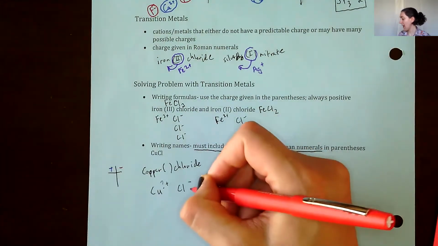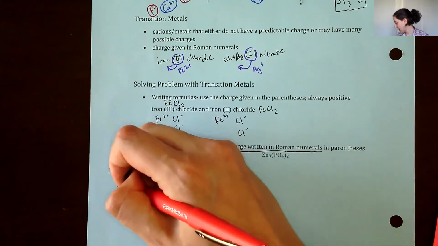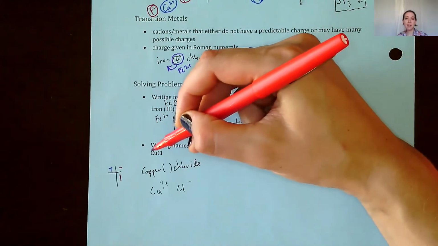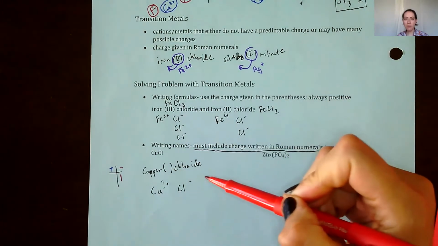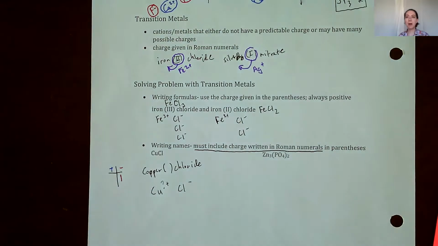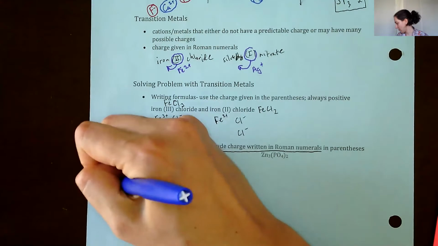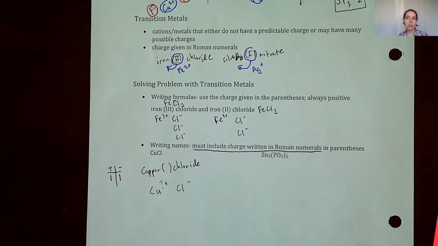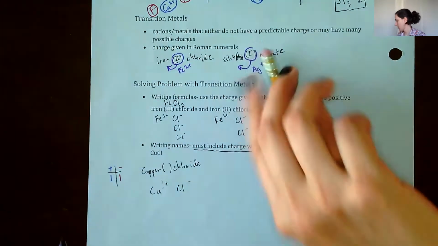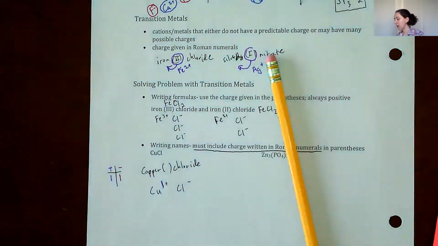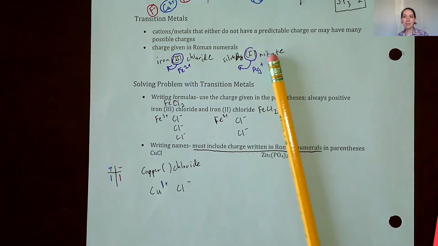We know that we have one minus. According to this formula, 1 copper and 1 chlorine, that ratio is neutral. So if we have 1 minus here, we also must have a total of 1 plus. So we only have 1 copper. So that copper must be 1 plus in order for this to make sense.